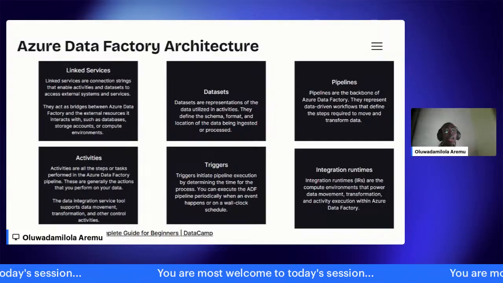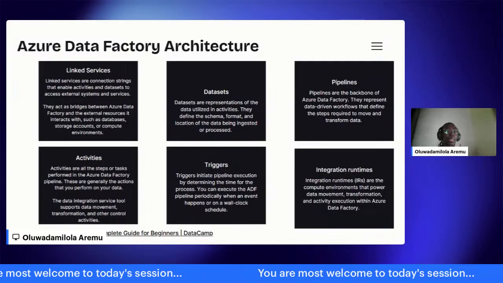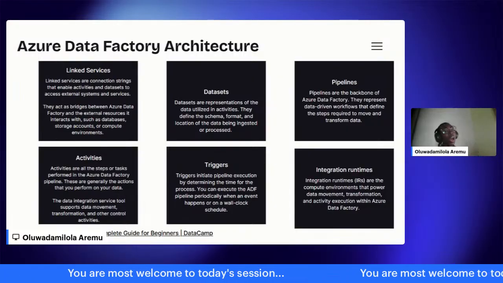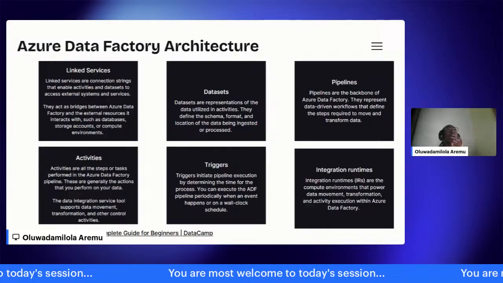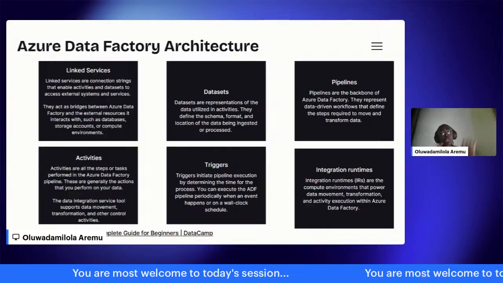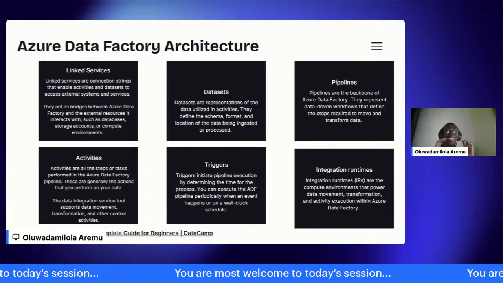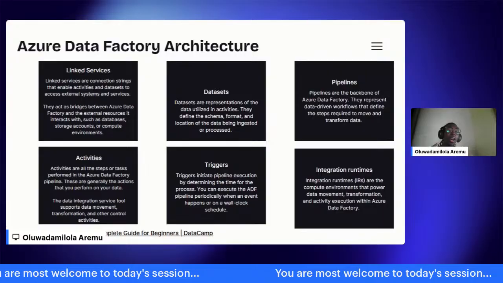A schedule means that at a certain time, please start this pipeline. And a tumbling window trigger says that every 24 hours, please run this pipeline. So we are currently talking about the Azure Data Factory architecture that makes it possible for us to automate our pipelines.